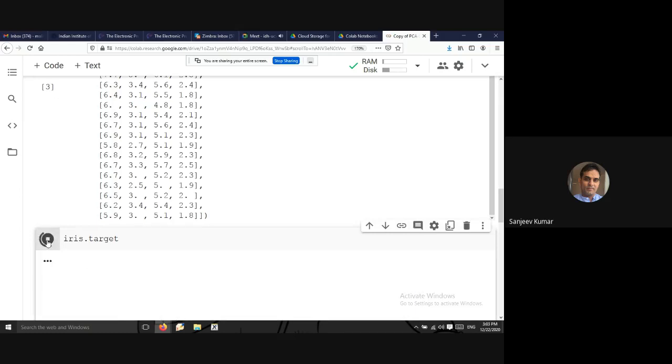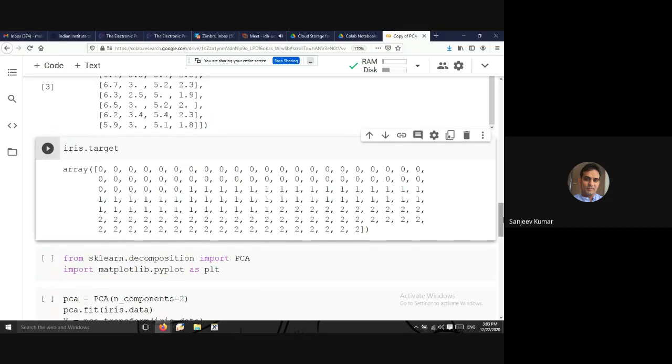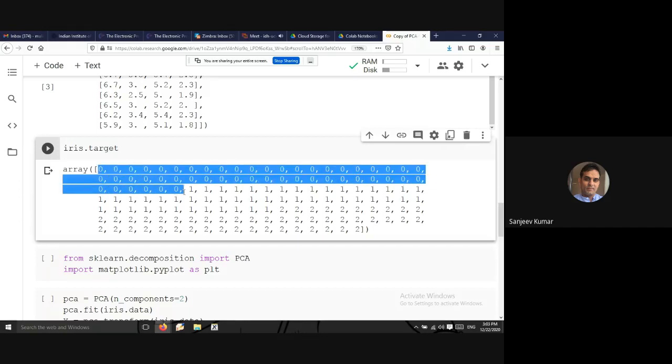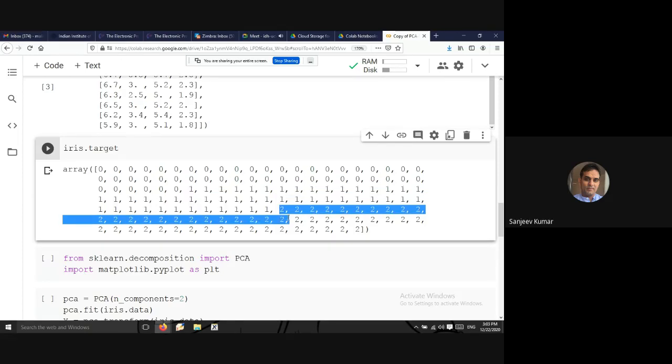And then targets, which means their class information. Actually it is not needed in PCA, where we don't want any class information, but we have imported the data, so that's why I am showing it here. The first many samples are coming from a particular class, let us say class 0, one type of flowers. These are coming from the next category of flowers, and this is coming from the next category. So in total I am having 3 classes.